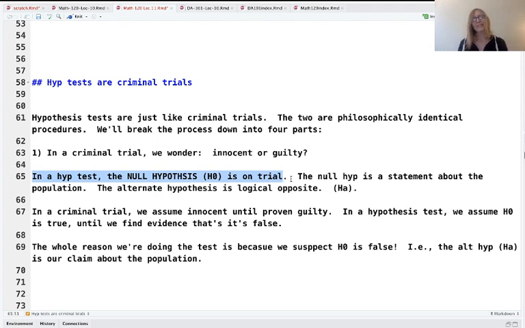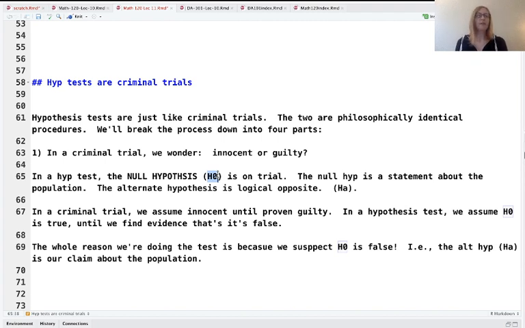The null hypothesis, we call it H0 for short. I say that out loud as H-naught. Naught is an old-fashioned math word for 0, but people still use it all the time. The null hypothesis, H0, is on trial. The null hypothesis is always a statement about a population parameter. In the null hypothesis, we're going to make it clear what we think is going on with the population.